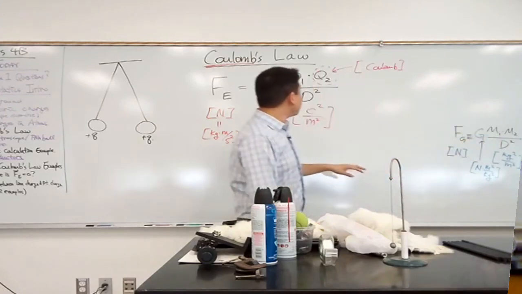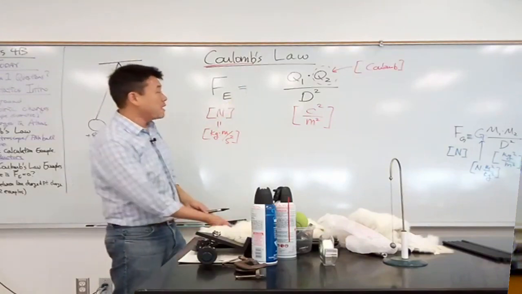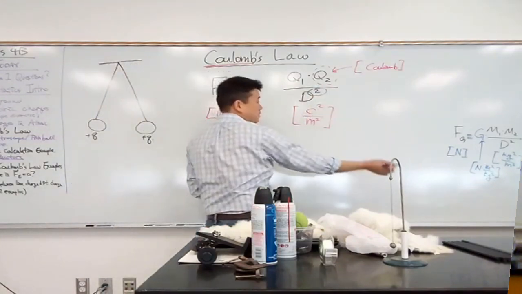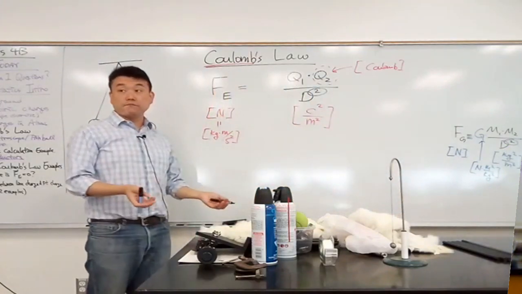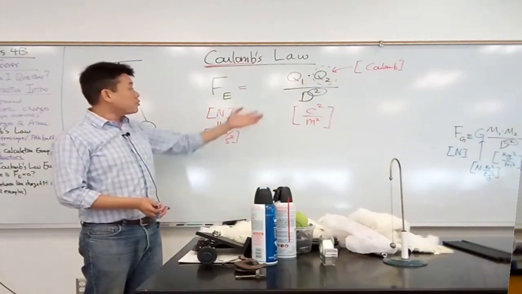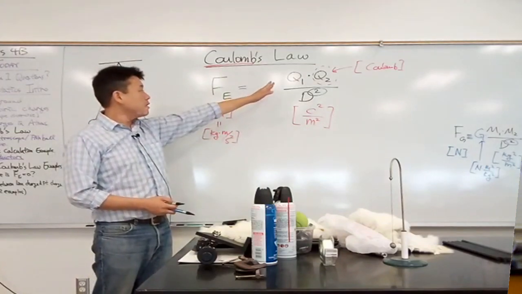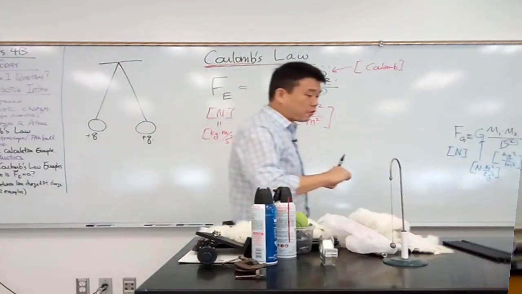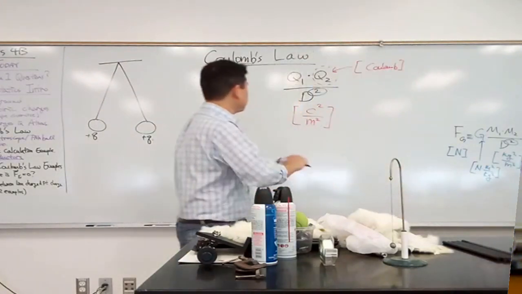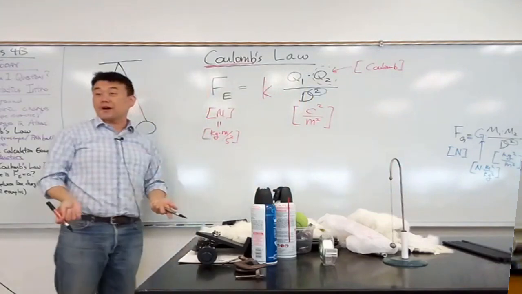Because Coulomb's law really reminds us of Newton's law, with this inverse square relationship, we are going to take a similar approach. We are going to introduce a physical constant here that for the time being we are going to call K, not to be confused with the Boltzmann constant.